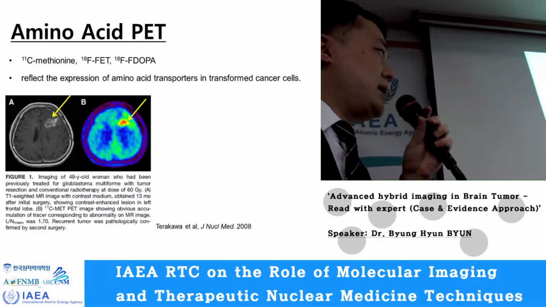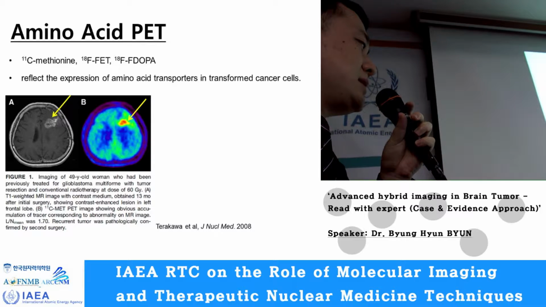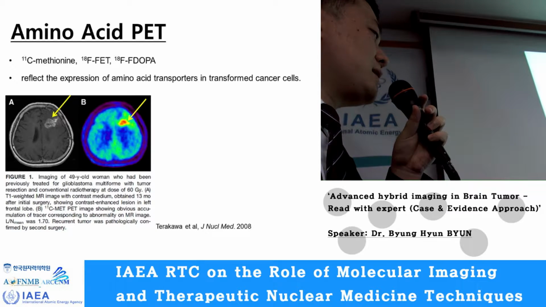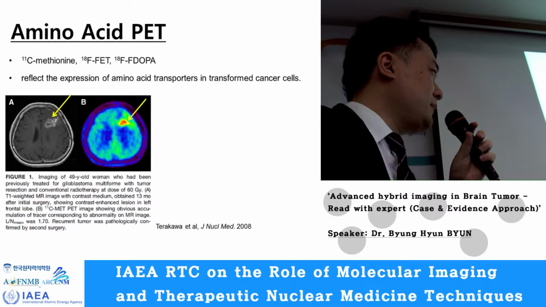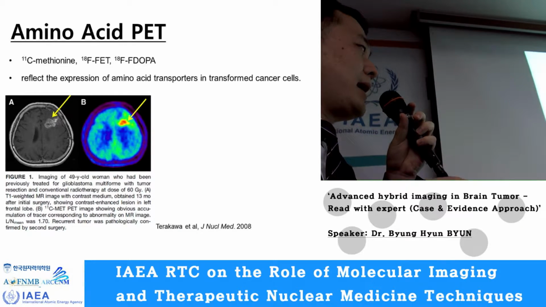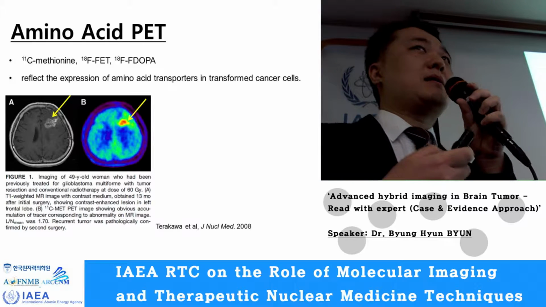As you can see in this slide, this is an image of a 49-year-old woman who had been previously treated for GBM with tumor resection and conventional radiotherapy. During follow-up, there was an enhancing lesion on MRI, so we can suspect tumor recurrence.